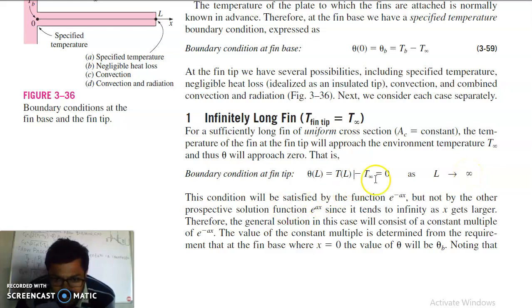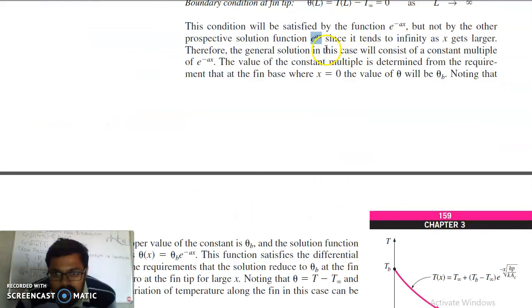So this condition will be satisfied by the function e raised to minus ax, but not by the other prospective solution function e raised to power ax. Because if you put x as infinity, its solution tends to be infinity as x gets larger. It means if the x value is very large, e raised to a large power will become infinity.